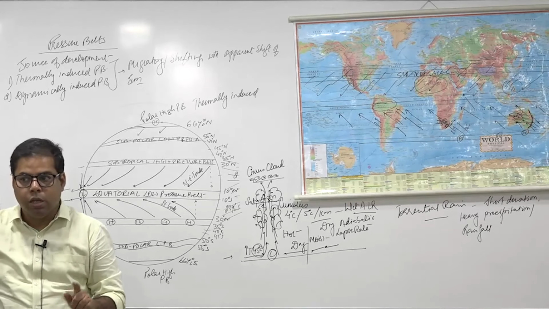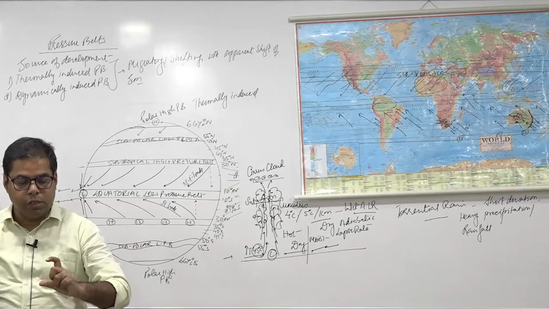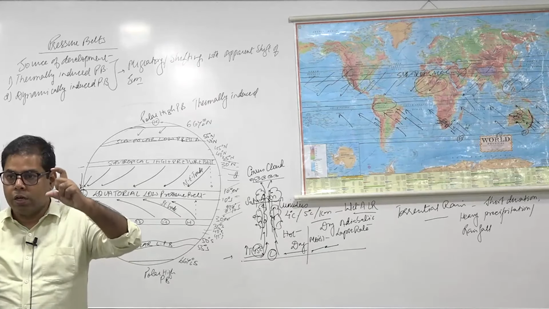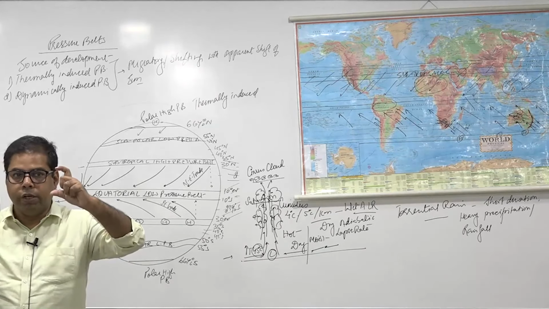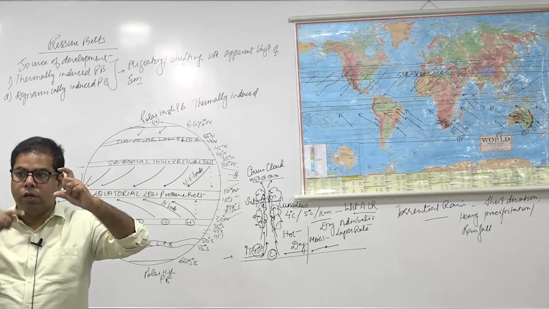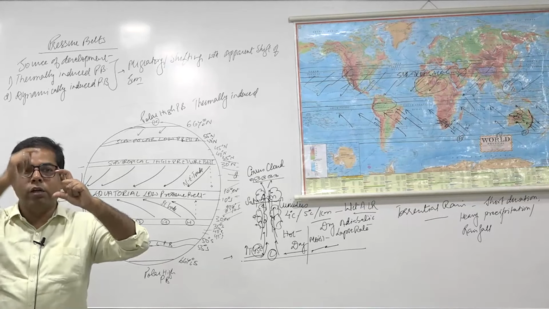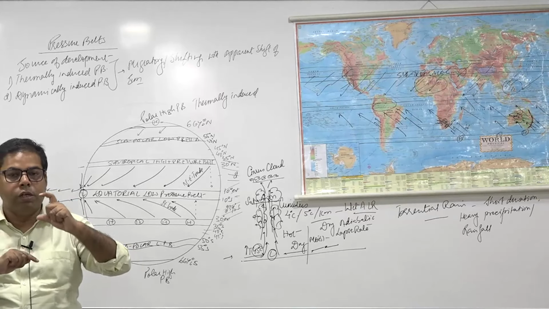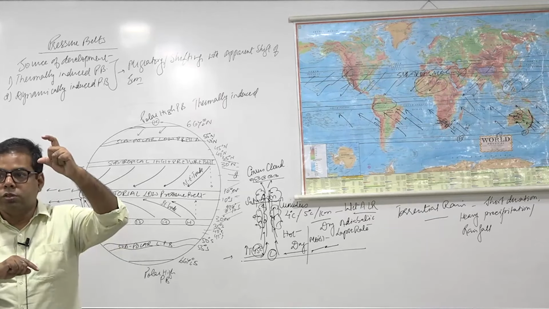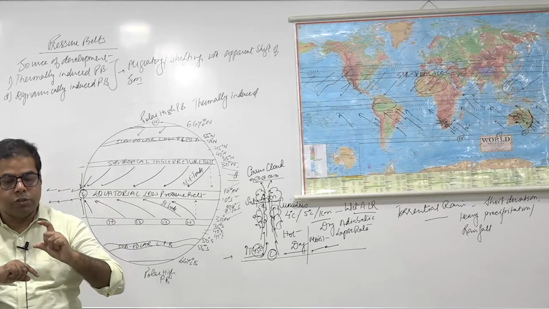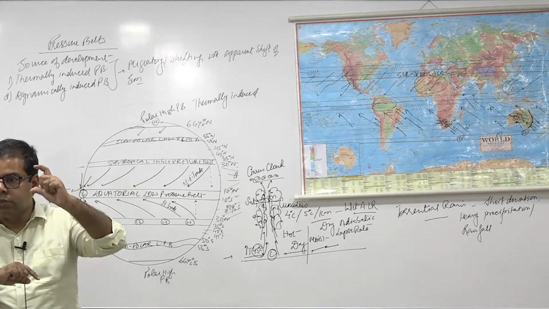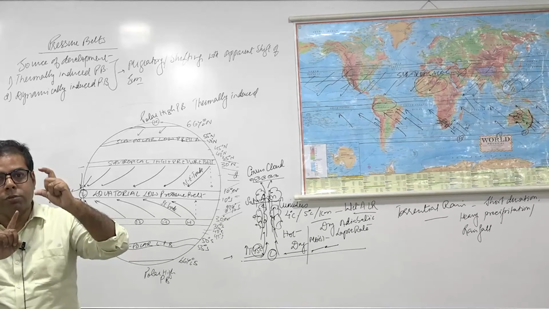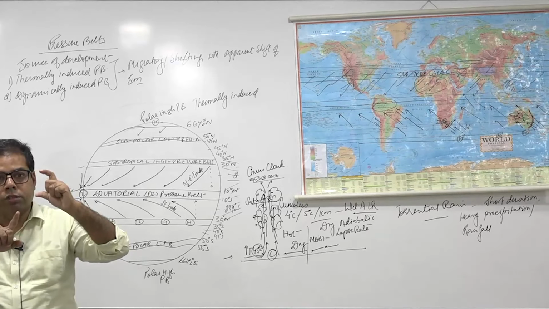समझ में आ गया? But in the adiabatic lapse rate, there is an ascending column of air. Temperature will decrease with the rising of the air. Here the temperature of air is decreasing when air is rising. So this is the difference: the parcel of air which is rising up in the atmosphere, its temperature decreases in the convection process.